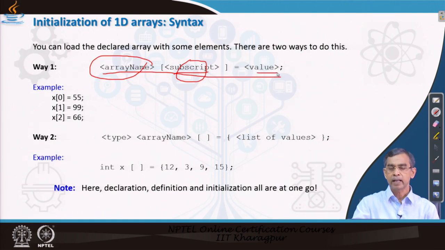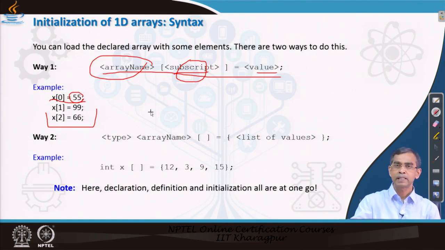Now, this is the value, the element that needs to be stored. As an example, x[0] means at the 0th position of the array, that means index is 0, the element 55 needs to be stored, and so on. So, this is basically the way by which, specifying a particular index and a particular value, the array can be initialized or loaded.